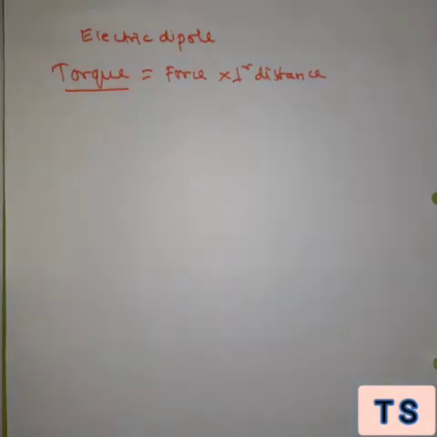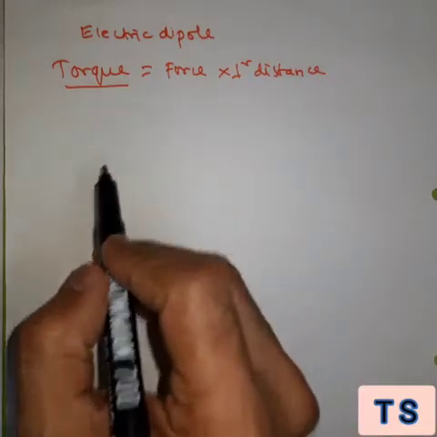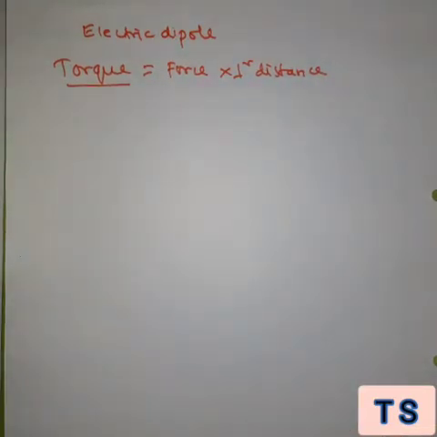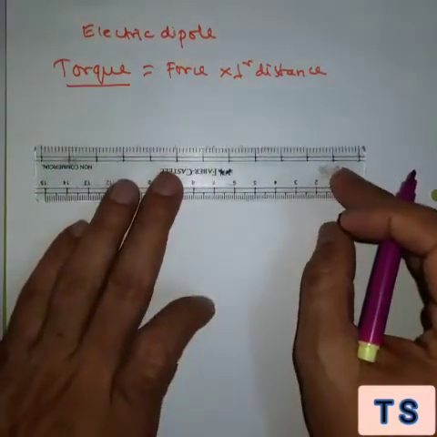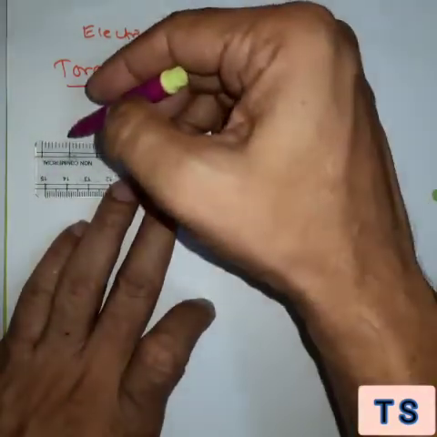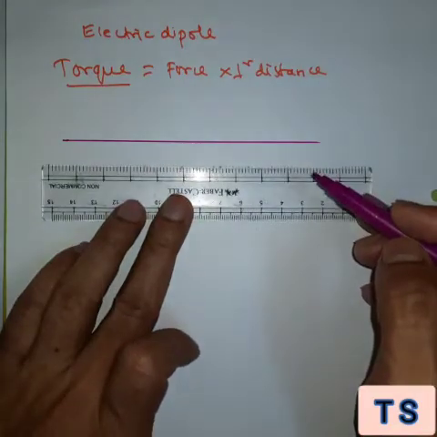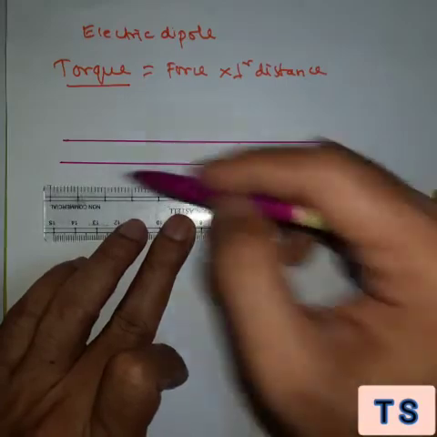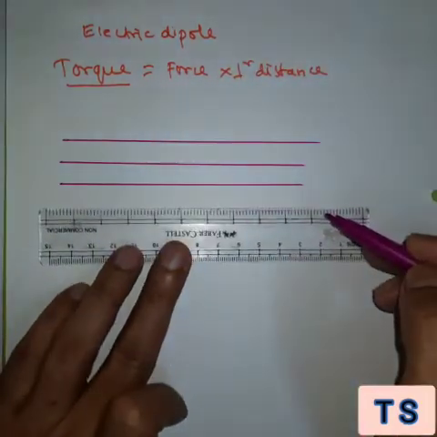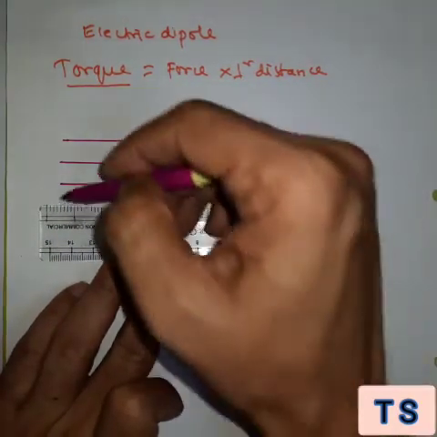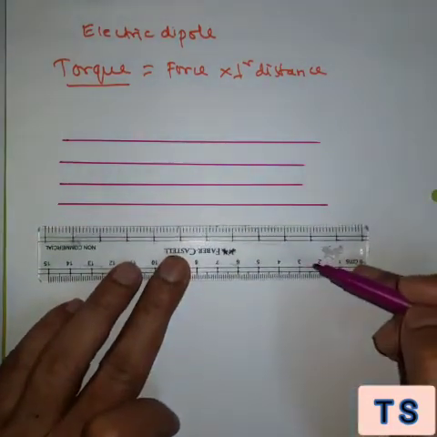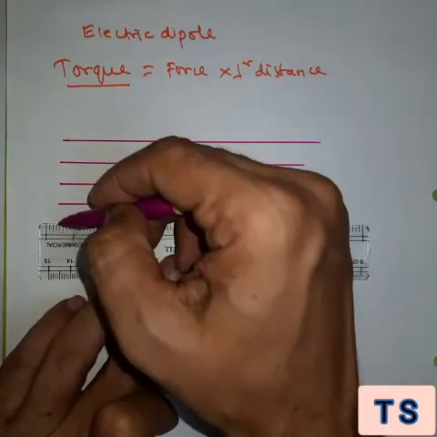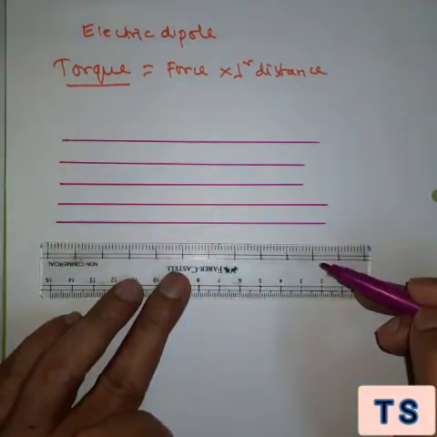So let's say that we have a uniform electric field, and we place the dipole in that uniform electric field. Let's say this is my electric field, and we are discussing a uniform electric field because there is a difference when I place a dipole in a uniform electric field and a non-uniform electric field.